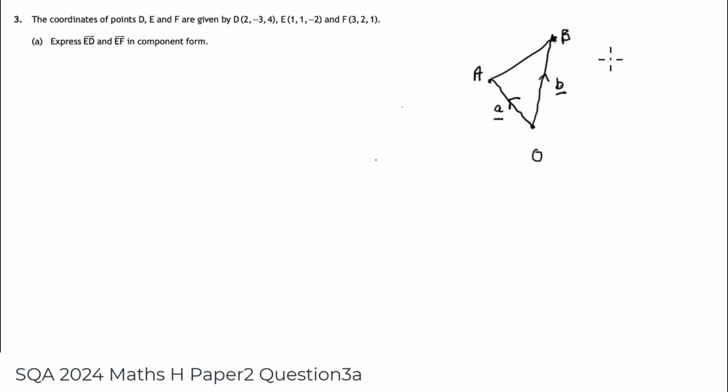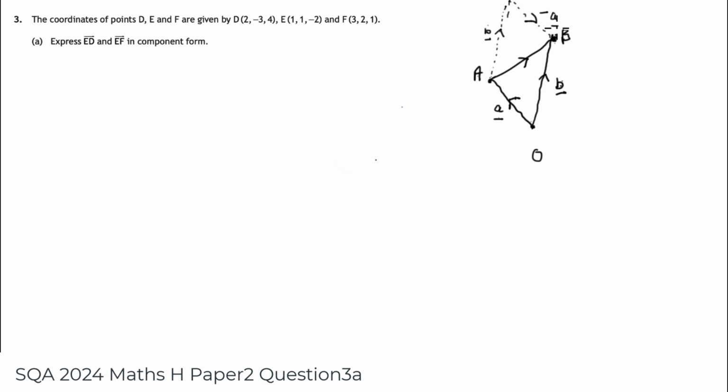Now there's the most important result about moving from A to B. If you travel from A to B, then you can travel along that position vector B and then travel against the arrow, so that's negative A. See, there's a parallelogram going on.